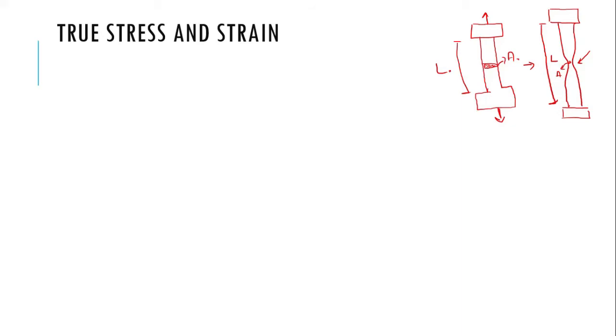So what is the engineering stress here? Stress is simply force per unit area. So which area is this one? This one or this one? So the engineering stress is the force applied per unit cross-section area.